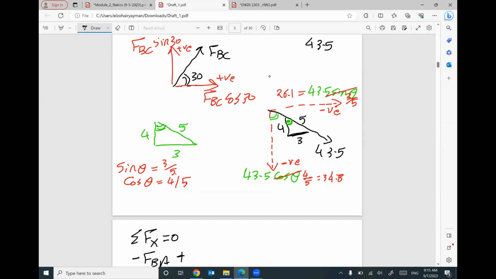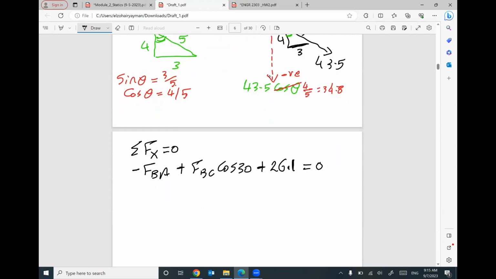We have this component, FBC cosine 30. And we have this component, I'm sorry, this one is positive, not negative. Plus 26.1 equals 0. Looks good.